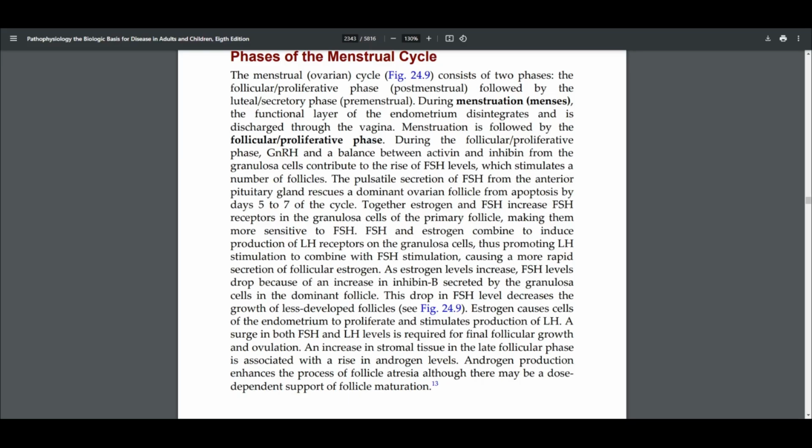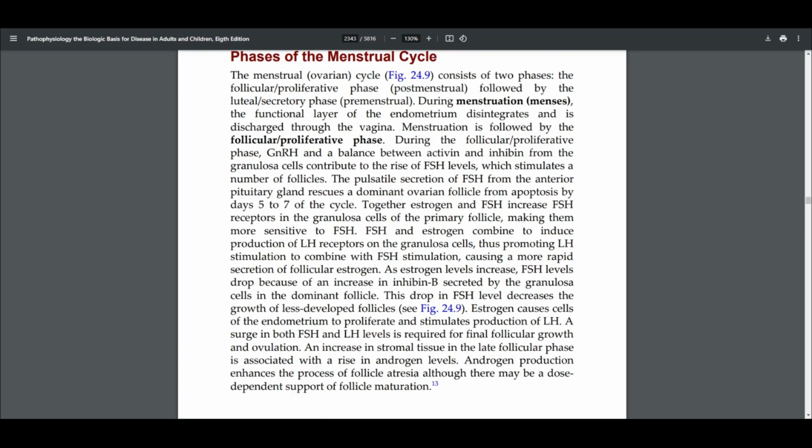Together, estrogen and FSH increase FSH receptors in the granulosa cells of the primary follicle, making them more sensitive to FSH. FSH and estrogen combine to induce production of LH receptors on the granulosa cells, thus promoting luteinizing hormone stimulation to combine with FSH stimulation, causing a more rapid secretion of follicular estrogen.